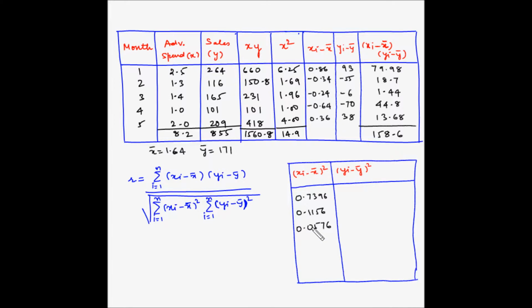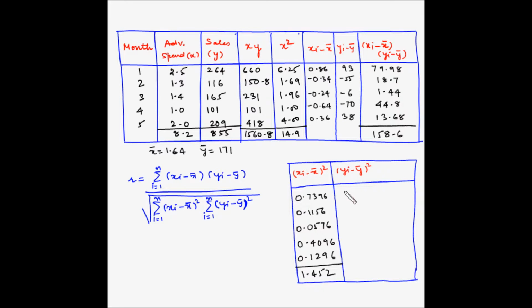Minus 0.64 square is 0.4096. 0.36 square is 0.1296. Now we have to sum this up. So the sum is 1.452.